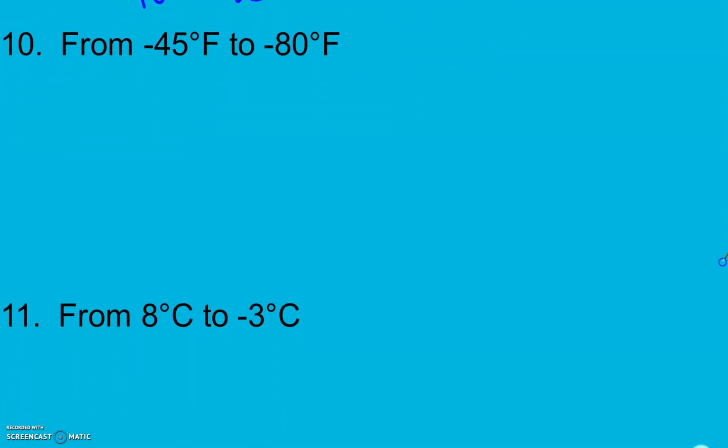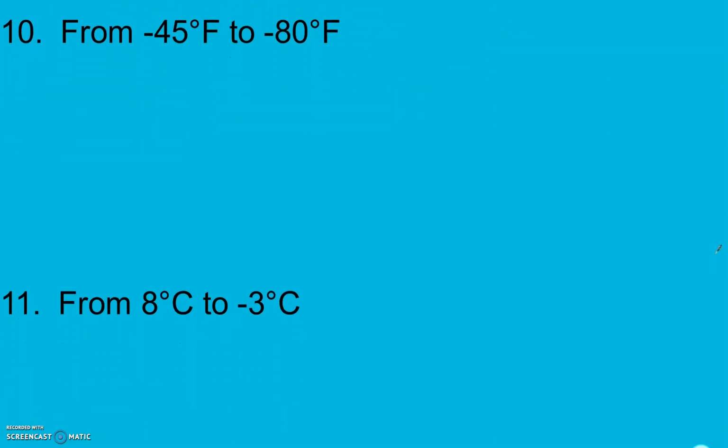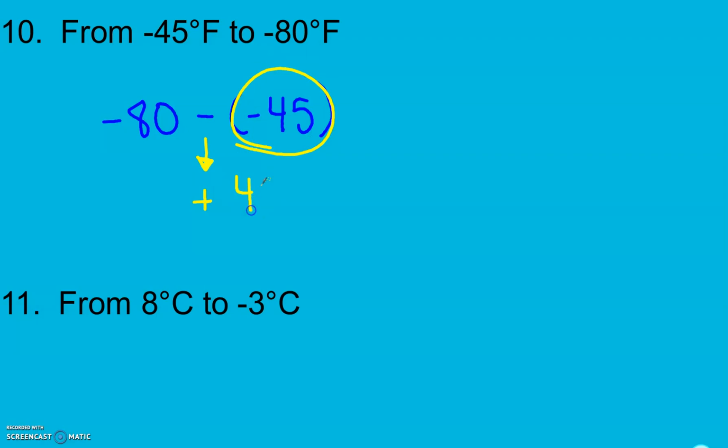Try 10. From negative 45 to negative 80, you're going to start at negative 80 minus negative 45. Again, when we find change, we take where we end minus where we started. We change from subtraction to adding. And the opposite of what follows, bring down that initial value.